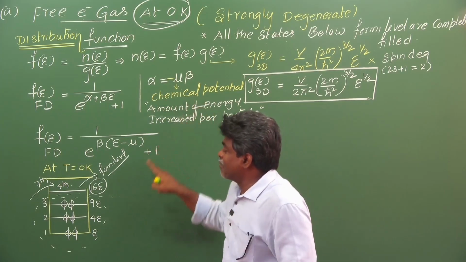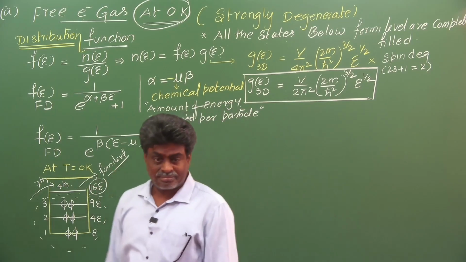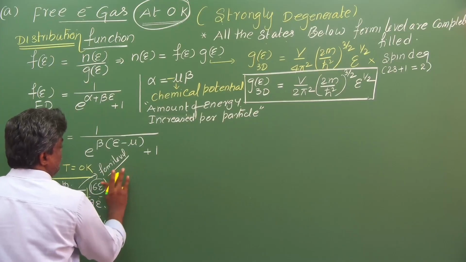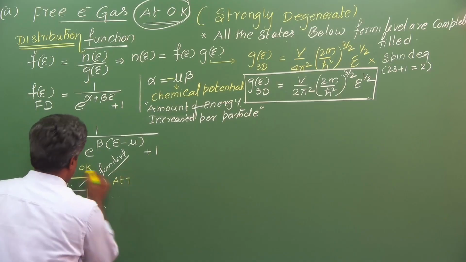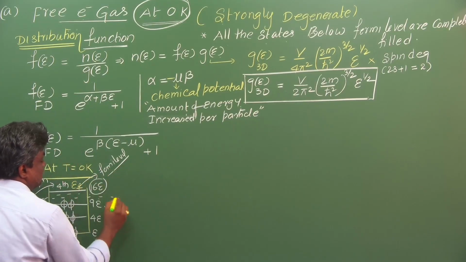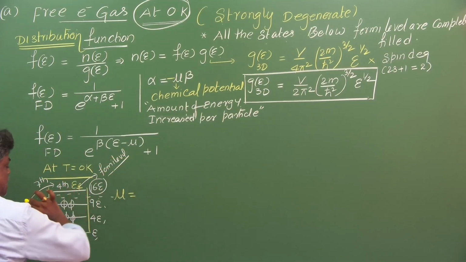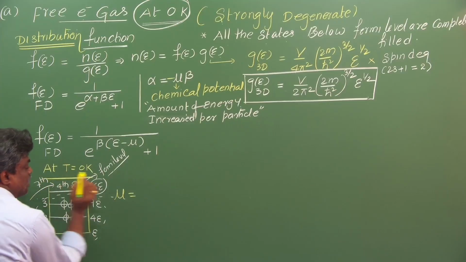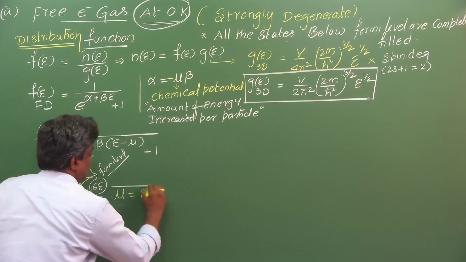Now the chemical potential is nothing but which energy level? That's why at T equal to 0, it is already written: this is the Fermi energy. The amount of energy raised is nothing but wherever the last particle goes, that level.